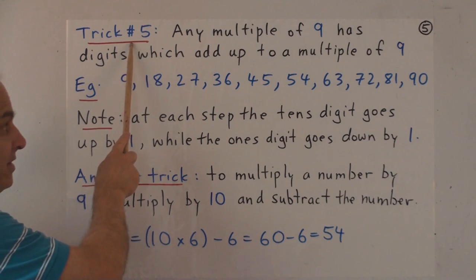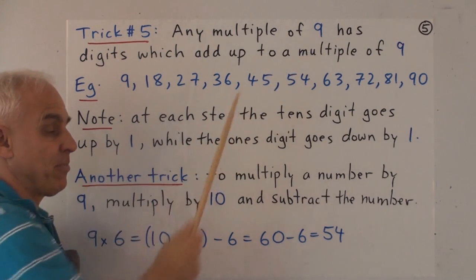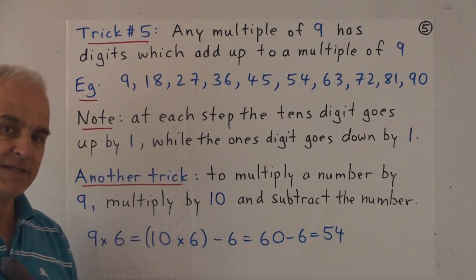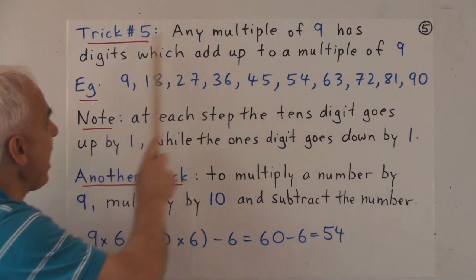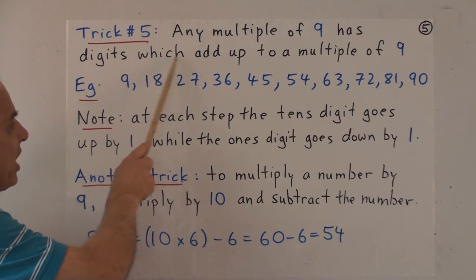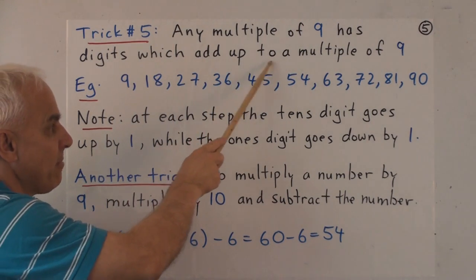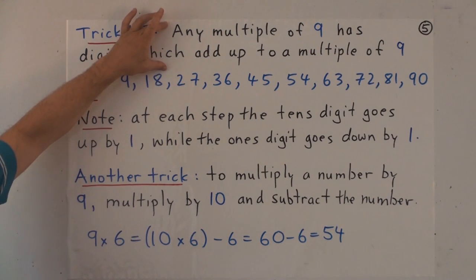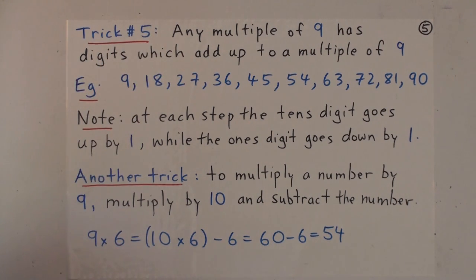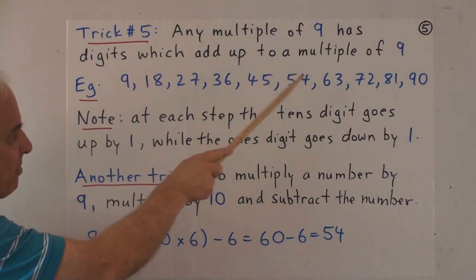And our fifth trick is telling us that the multiples of 9 have a very similar property to the multiples of 3. Namely, any multiple of 9 has digits which add up to a multiple of 9. So it's exactly the same rule as for multiples of 3, having digits which add up to a multiple of 3.